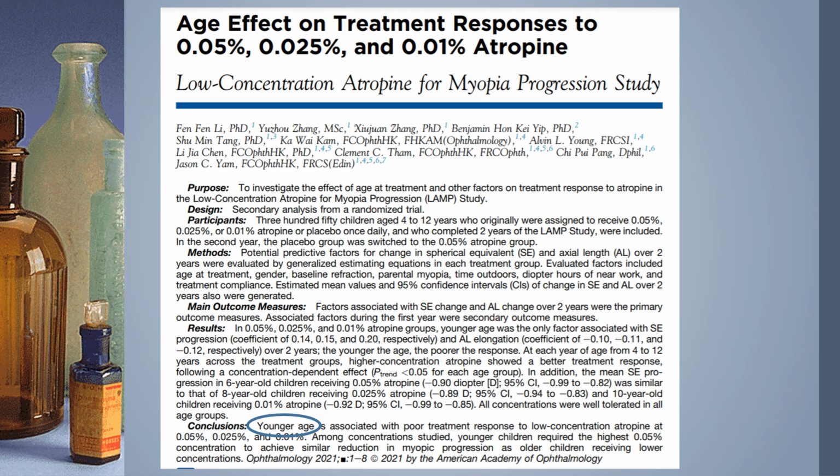risk of the treatment response completely depends on the age. Younger age is associated with poor treatment response, and I think ATOM 1 and 2 also showed that younger age, parental myopia, these are the two important risk factors, and high myopia.